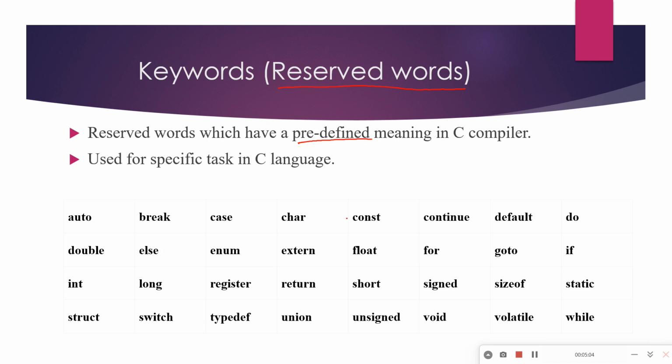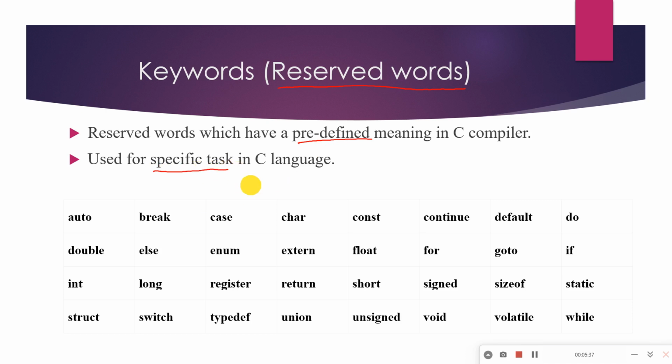Any object which is known to you performs a specific task which is already predefined. A washing machine is to wash clothes, right? That is how here we have certain keywords in the C compiler which have a predefined meaning and perform a specific task.